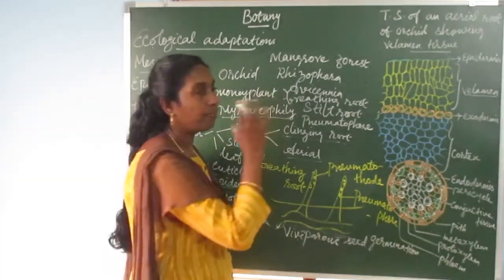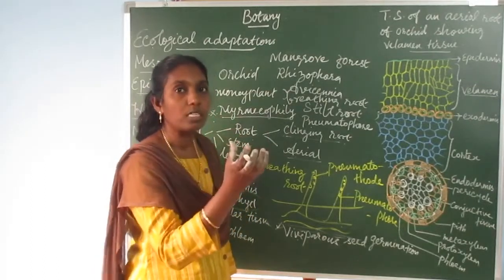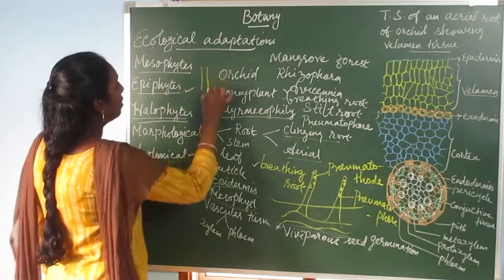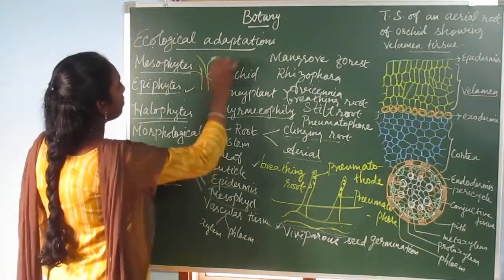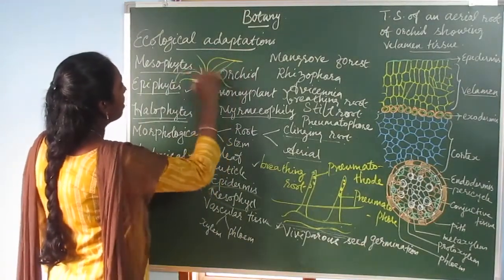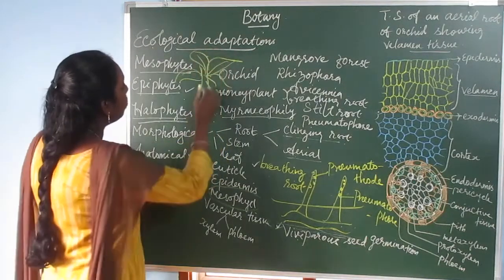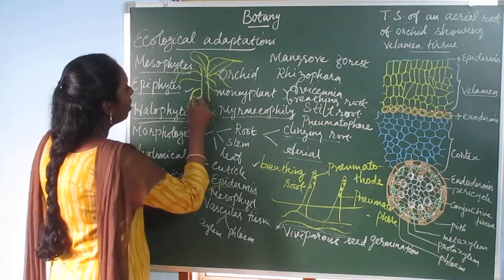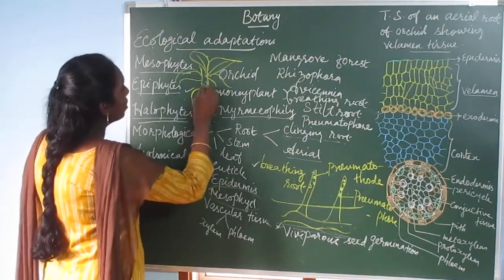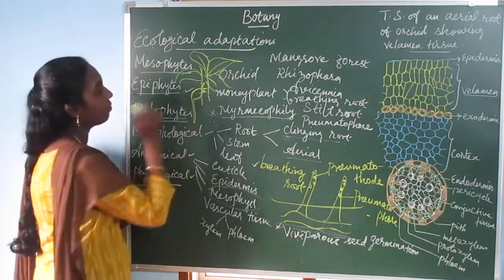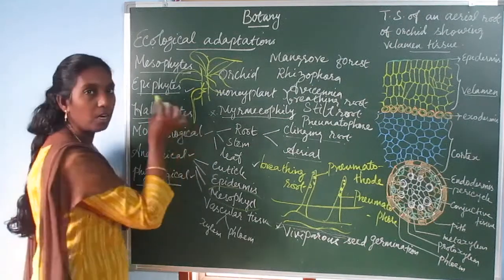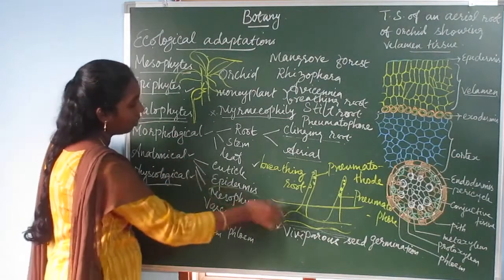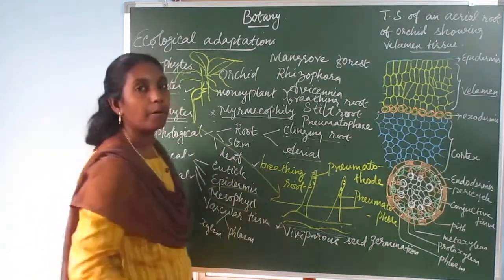So within the plant, here is the twig, here are the leaves, and the fruit is present here. The seeds start to germinate within the fruit, and after germinating it falls down in the mud.